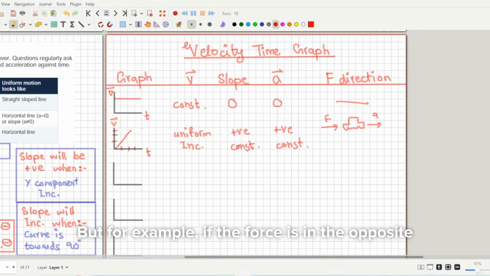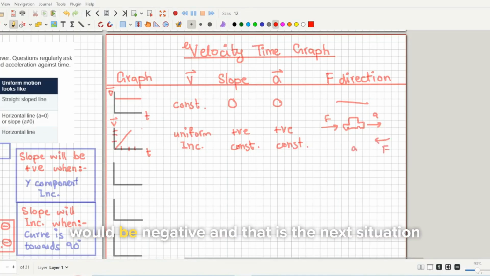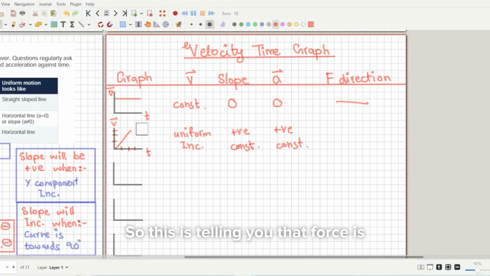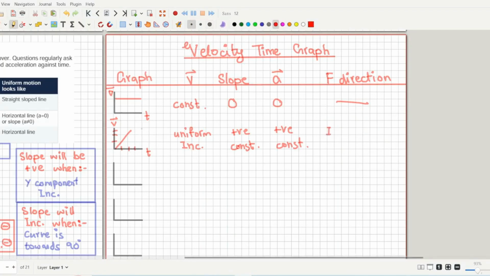But if the force is in the opposite direction of the motion, then the acceleration would be negative, and that is the next situation that we will talk about. But in this particular situation, as you can see, the acceleration is positive. So this is telling you that force is in the direction of motion.